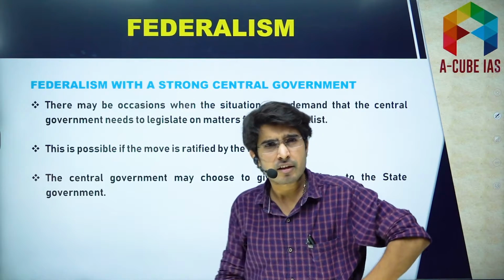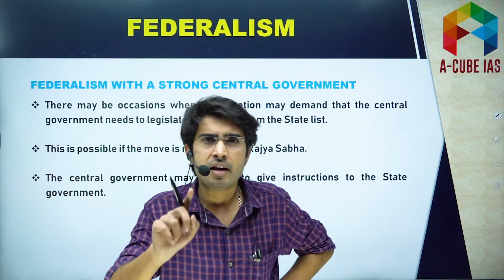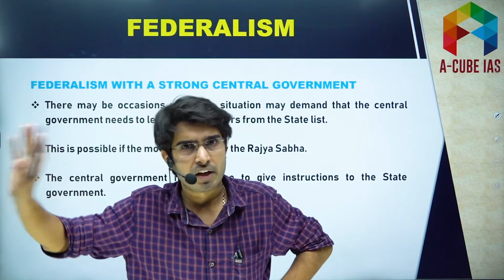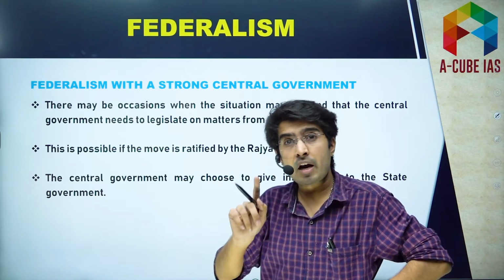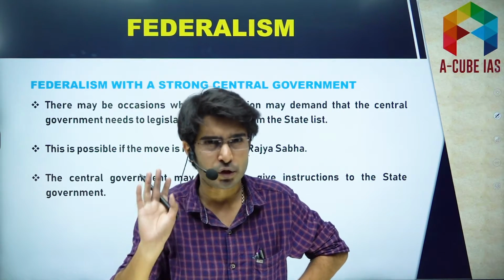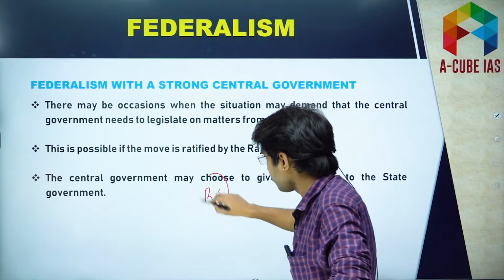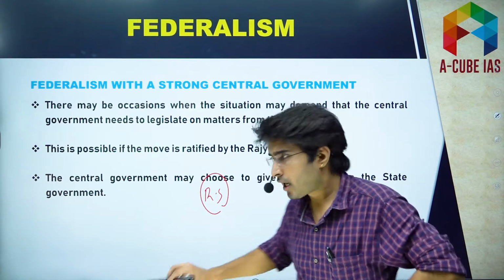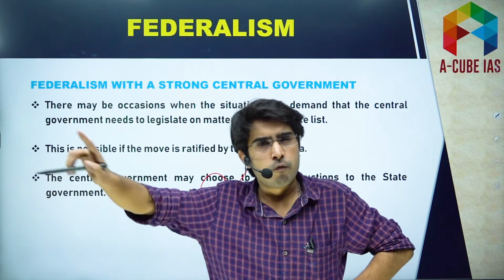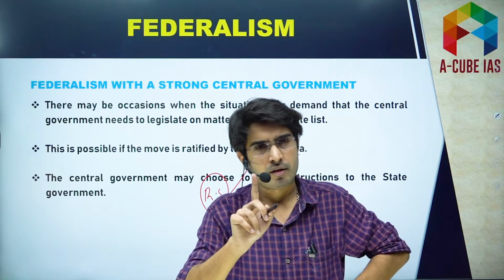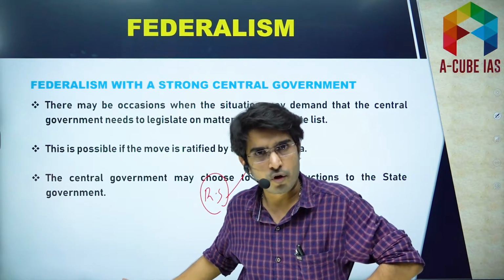And there might be occasions where the central government can legislate on state matters. In that case, remember, the Rajya Sabha will have to pass a resolution. If the Rajya Sabha passes a resolution, the central government can legislate on a matter falling in the state list.